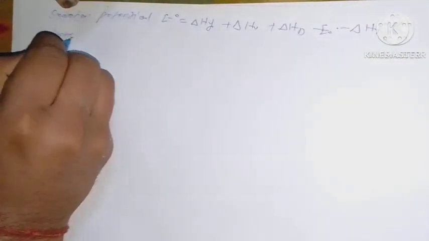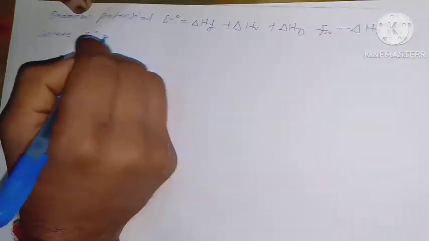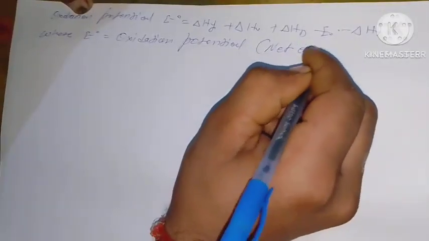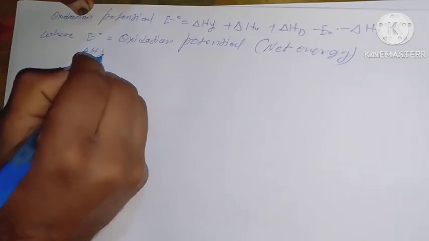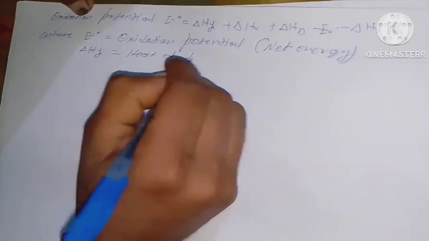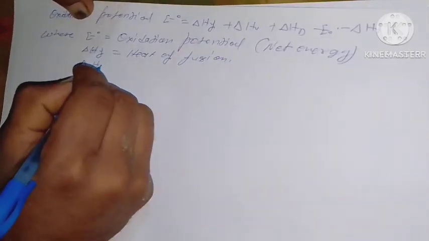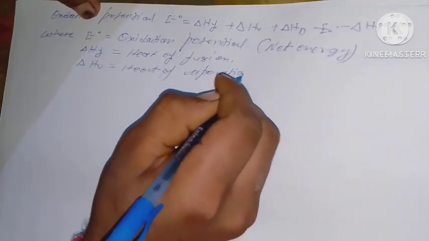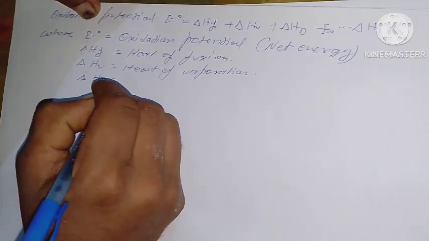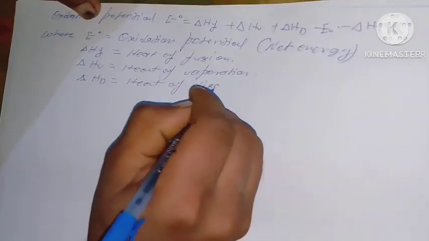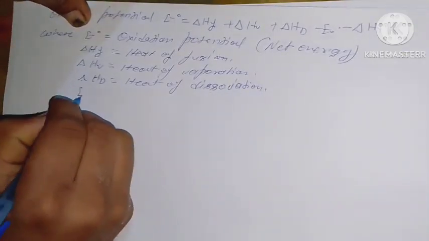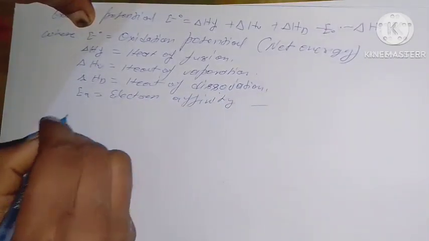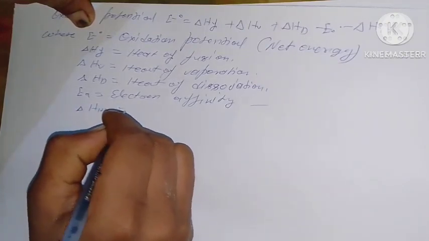Okay, where E naught is the oxidation potential, the net energy; delta HF is the heat of fusion; delta HV is the heat of evaporation; delta HD is the heat of dissociation; EA is the electron affinity; and delta Hy is the heat of hydration.